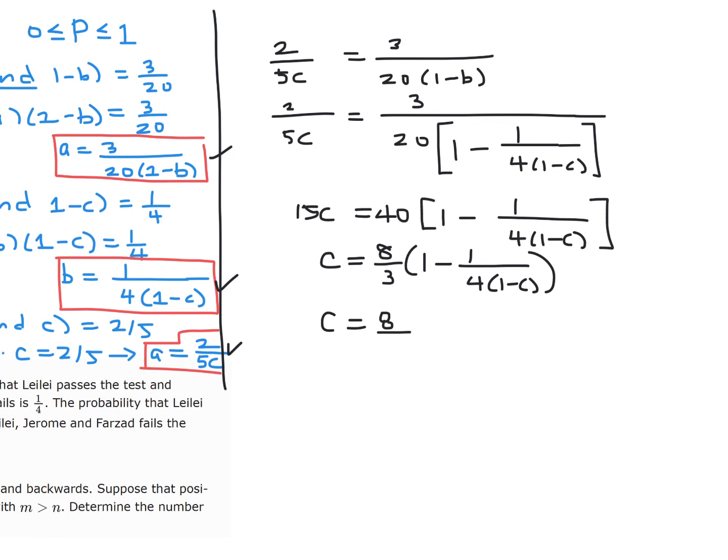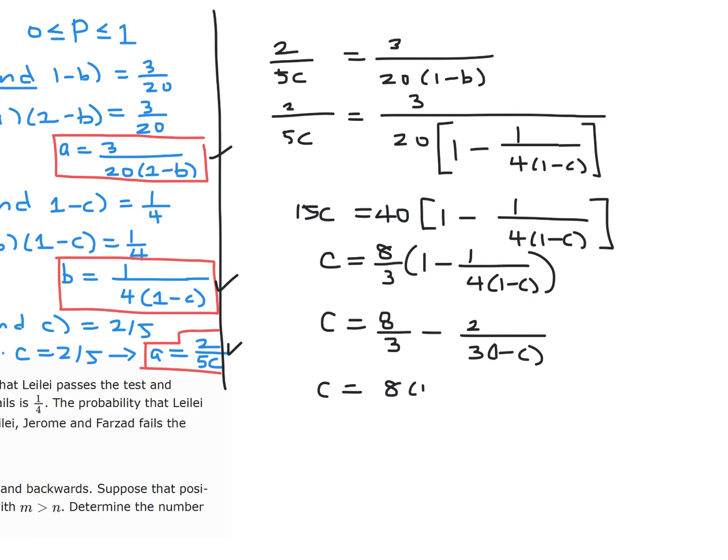So let's do the correct expansion. 8 over 3 minus 8. Well, actually, that'll be 2 over 3. Yeah, that's correct. Okay, so then we have to actually get this common denominator here. So 1 minus C, top and bottom.